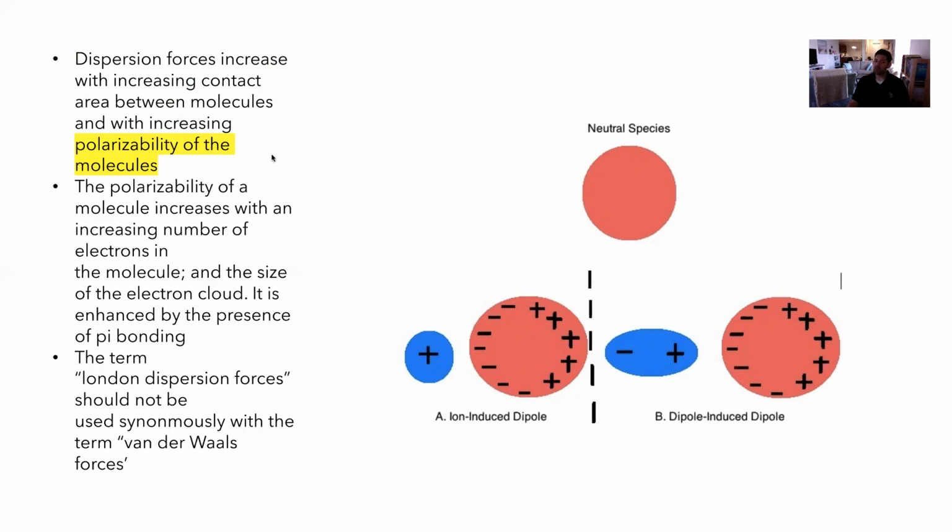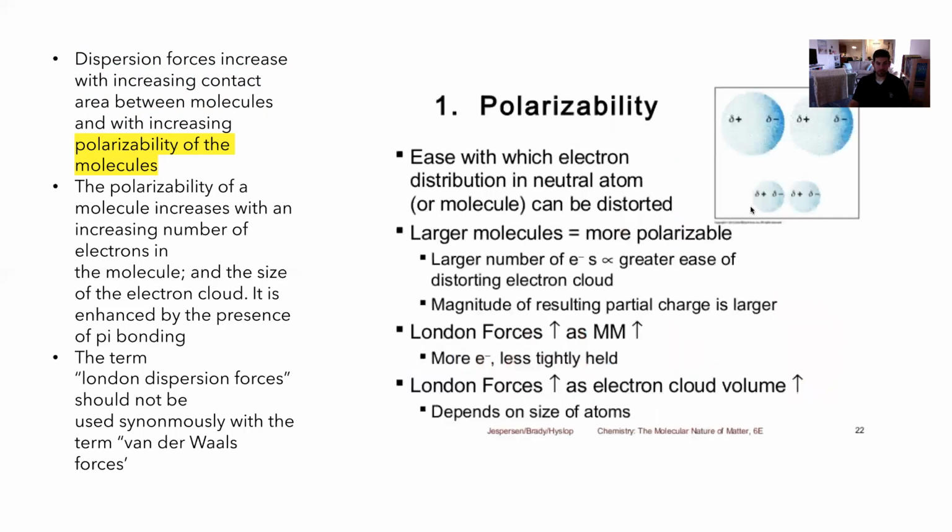So the polarizability of a molecule is how well it's able to interact when something like an ion or a permanent dipole comes near. Again, with polarizability, we're saying how well molecules can polarize. Larger molecules are typically more polarizable. They have more electrons. More electrons means they can be spread out into different combinations, creating different slightly positive sides and slightly negative sides.